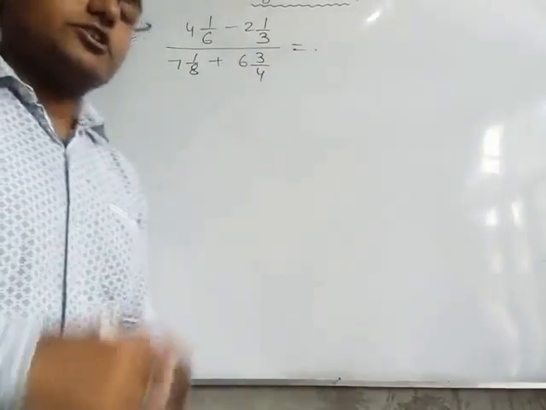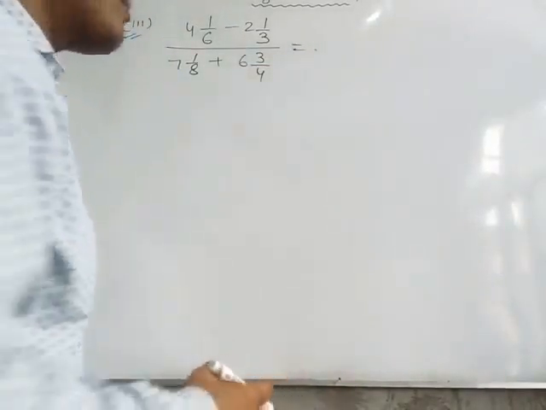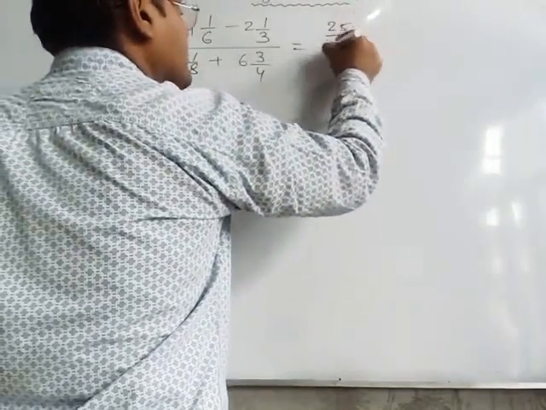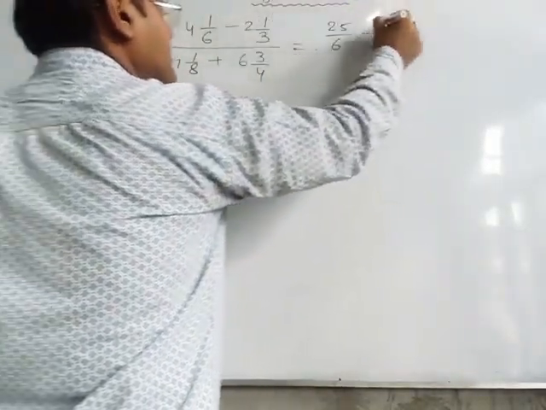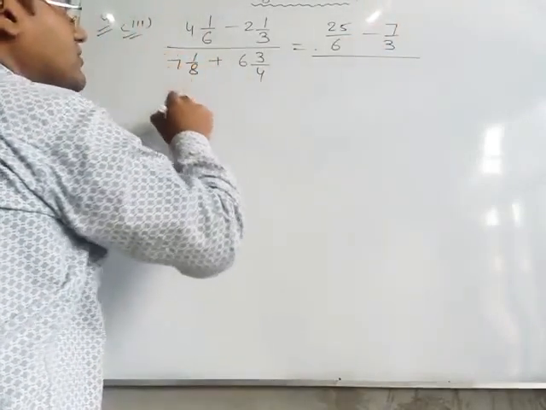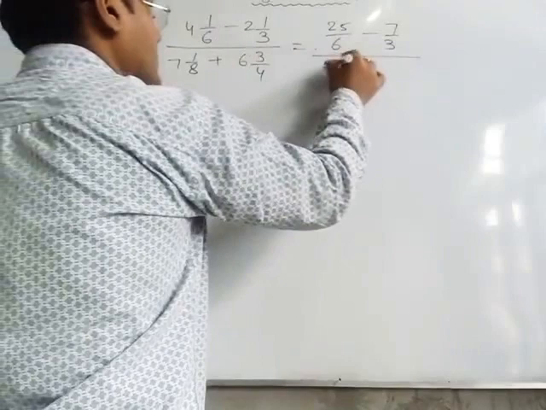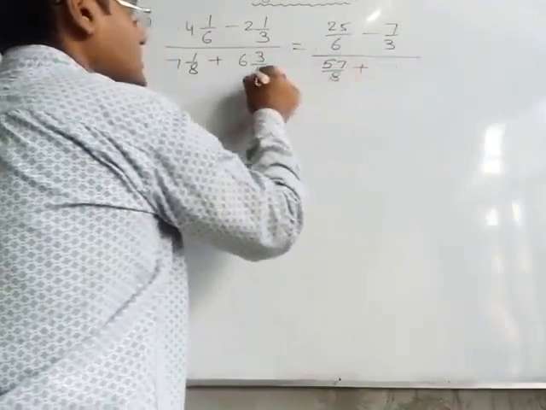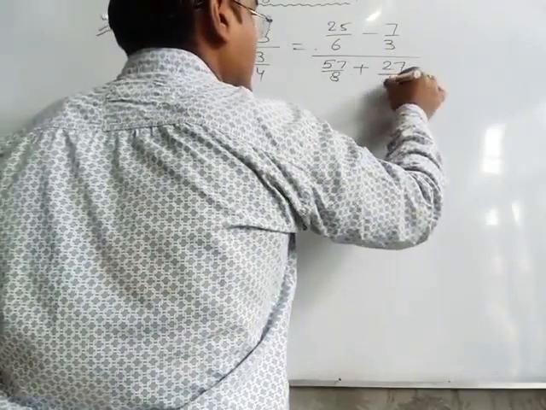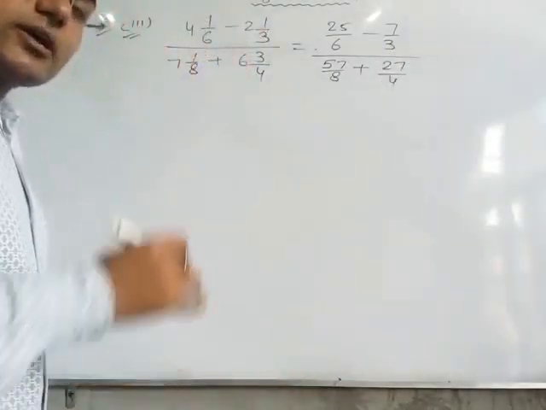First step is we will change all the mixed fractions into improper. So 6 4s are 24 plus 1, 25 upon 6 minus 3 2s are 6 and 1, 7 upon 3, upon 8 7s are 56 plus 1, 57 upon 8 plus 4 6s are 24, 24 plus 3, 27 upon 4.